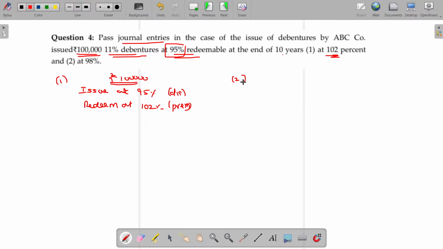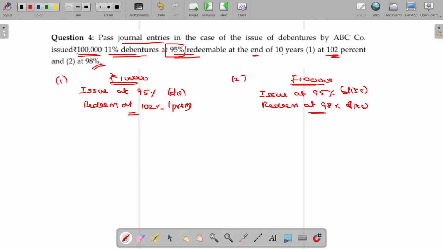Scenario 2. Issue at 95%. Discount. Come on, get me the value. What's the journal entry here? I request the foundation students to get me the answer.